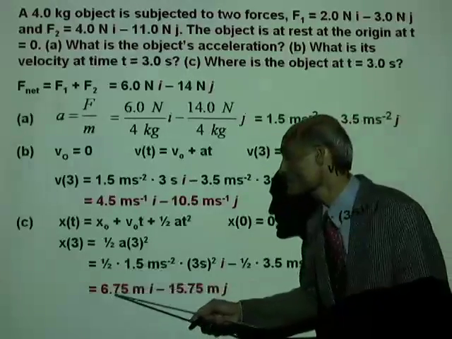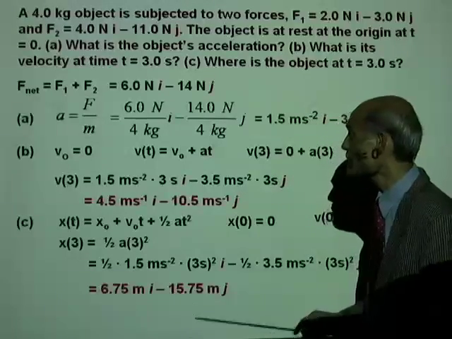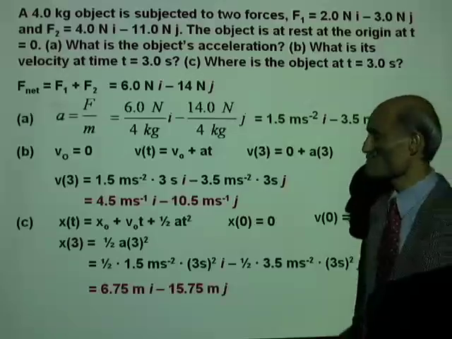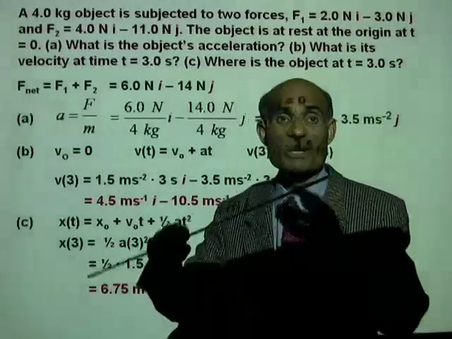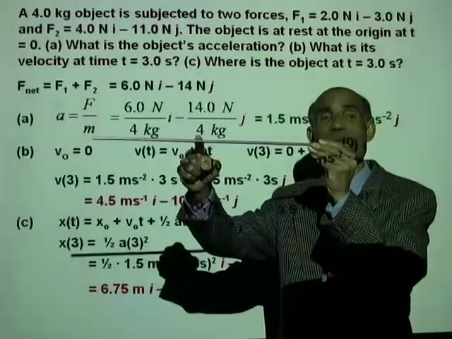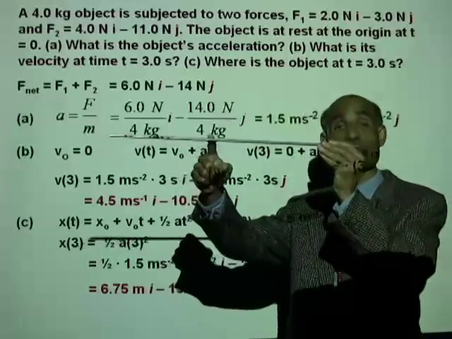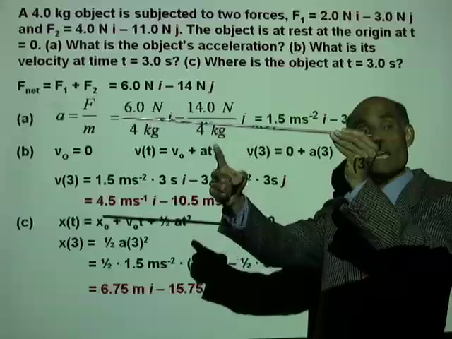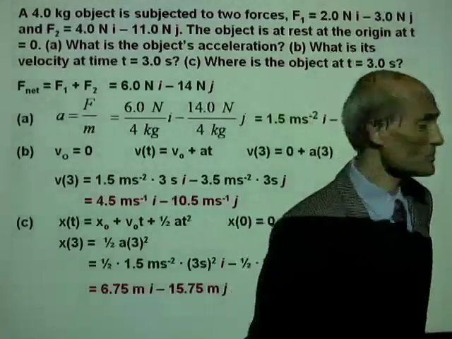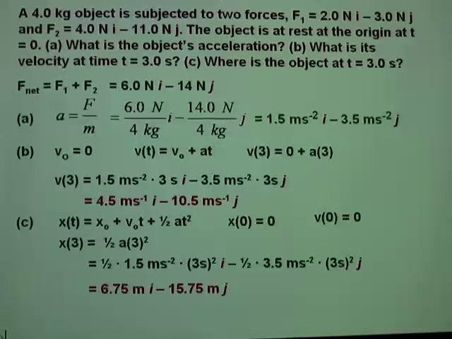That will be 6.75 meter i minus 15.75 meter j. In other words, the particle at that time is 6.75 meter along the x direction in the positive way, and negative 15.75. So the particle has moved.